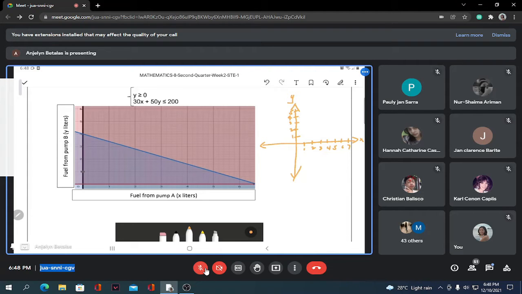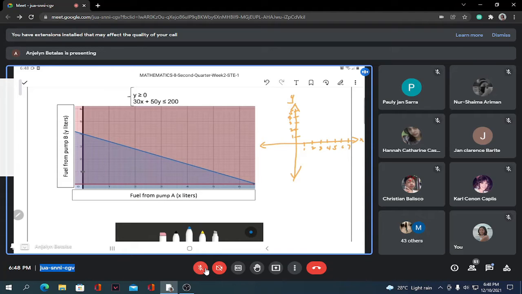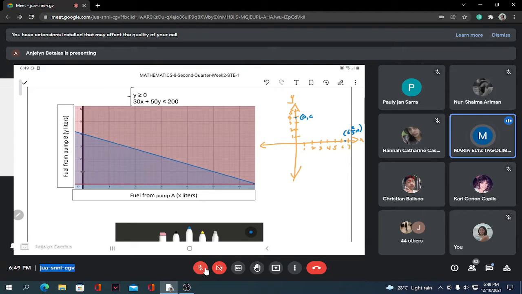So, 6 and 2/3. So, remember the graph of 30x plus 50y less than or equal to 100? 6 and 2/3, 0. Ang isa pod, 0, 4, ma'am.